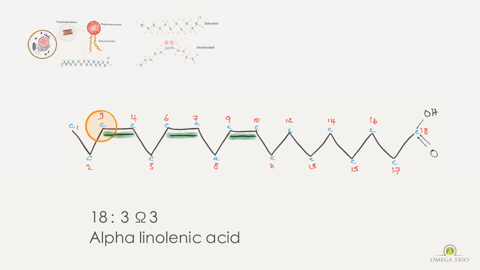And it's essential because the body cannot insert double bonds before the 7th carbon. So it can't insert a double bond here, here, here, here, here, or here. And just if you're wondering why you never really hear about omega-2 or omega-5, it's because in nature, double bonds tend to occur 3 carbons apart. So 3, 6, 9, and so on.